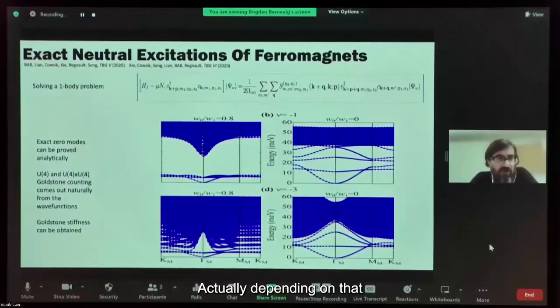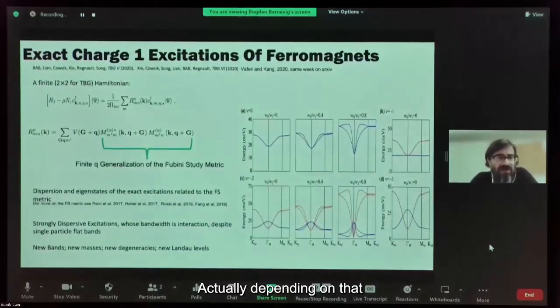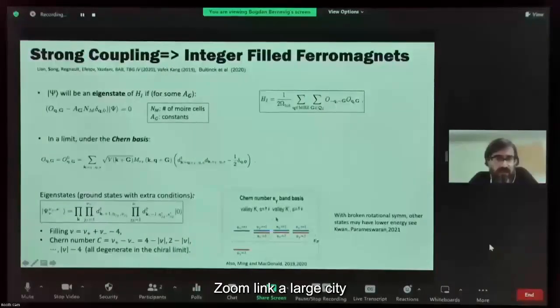They're ferromagnets with some large symmetry, which probably is on the level of U4 times U4. I'm not sure, but these states are ferromagnets that break those symmetries, and as a result, as you said, you get Goldstone modes. Okay, thank you. Very good question.